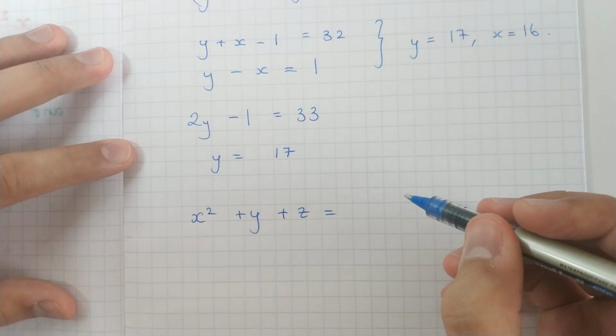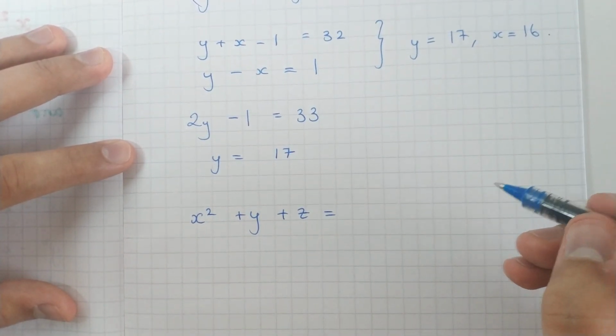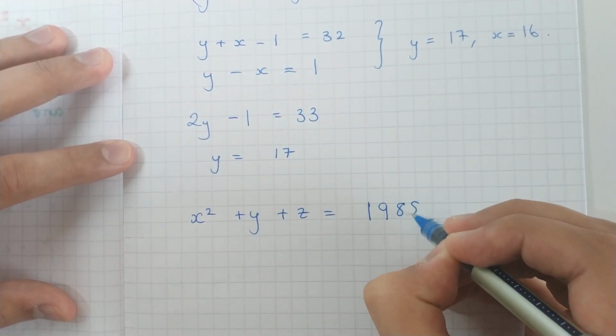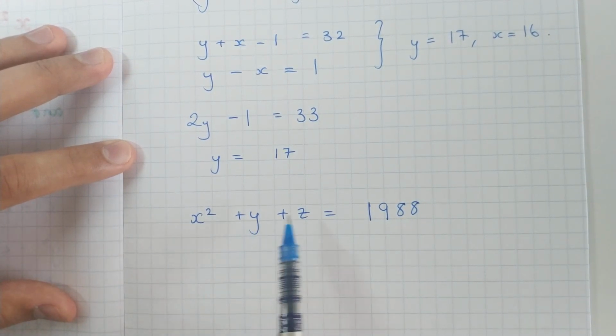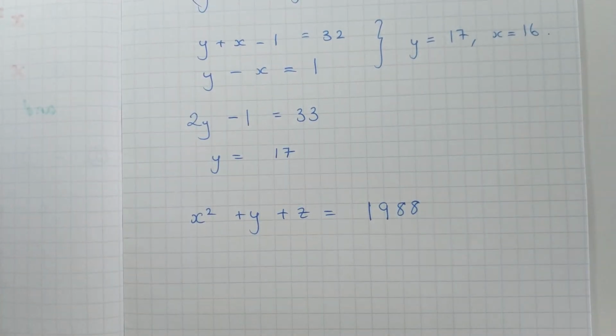So if you think right back to the start then, it said x squared plus y plus z equals 1988. I know what x is, I know what y is, and the question was to find out what z is. So all I'm going to do now is substitute these numbers into here, and hopefully we'll end up with some value for z.